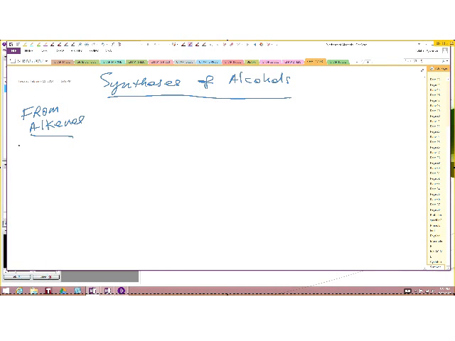Okay. I will number this to make it easy for you. First one is the hydroboration, oxidation.